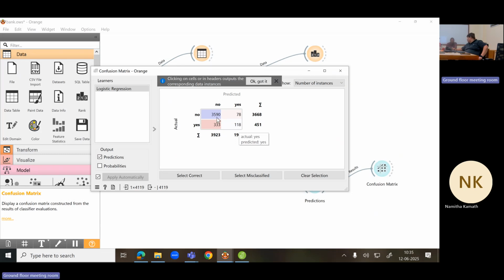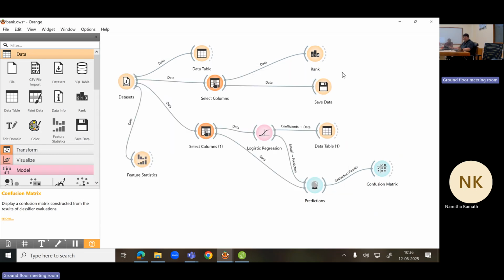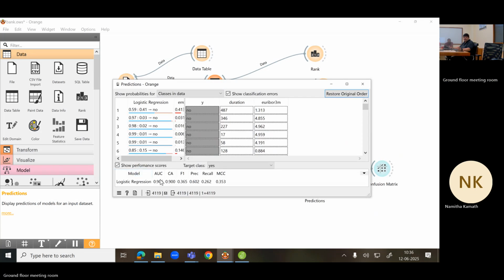So 3590 plus 118 is your classification accuracy, divided by 4119. That's what we got, 90% there, right?